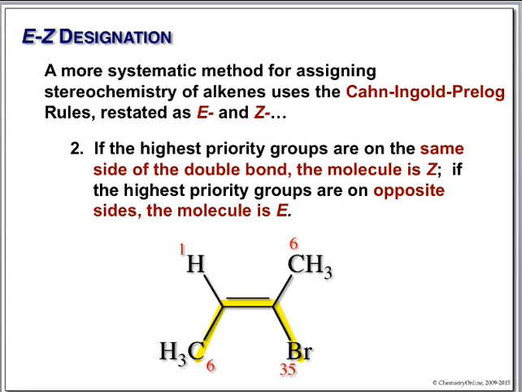It's a butene and a bromine on carbon 2. We stick our Z in front: Z-2-bromo-2-butene. And again, this looks like a space, but it's not. No space.